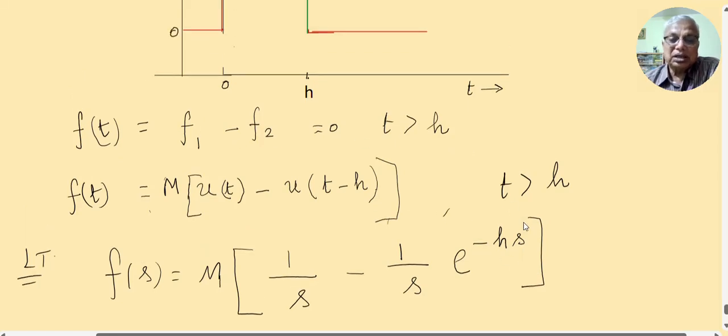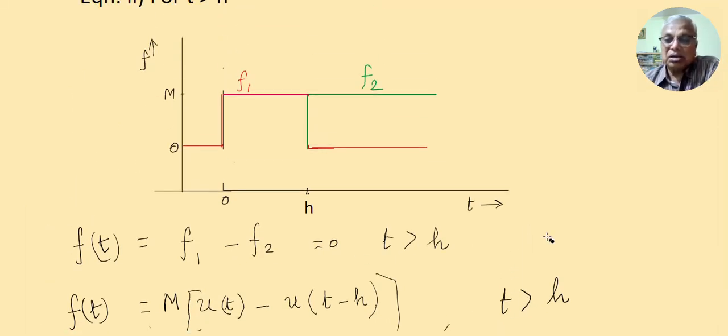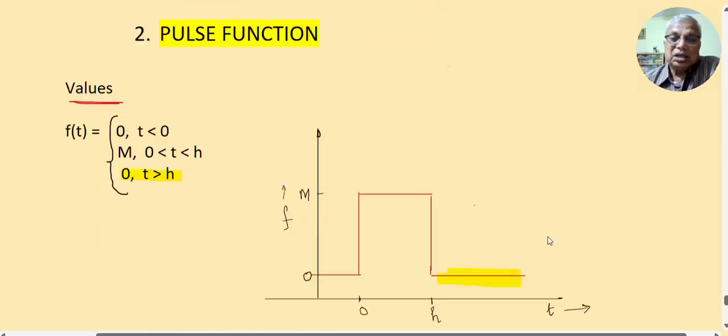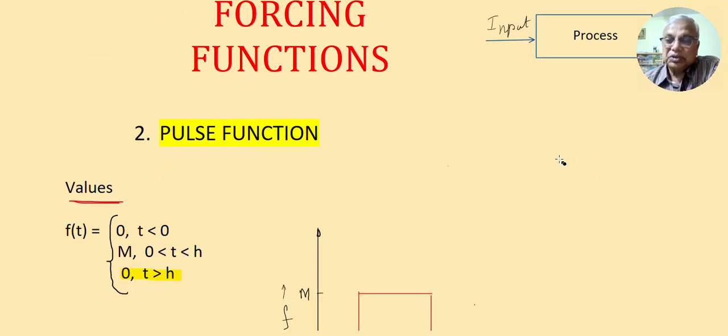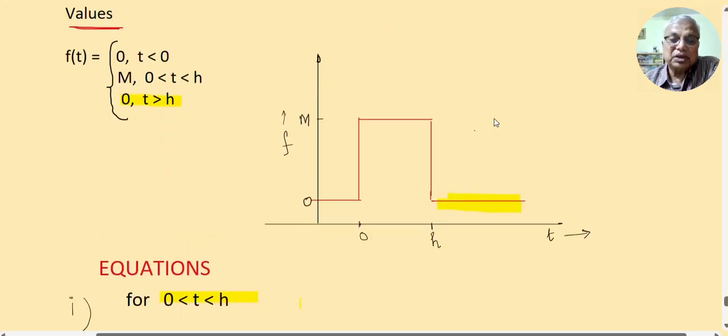Now practically, how do you visualize this for an input variable? When can you describe mathematically the disturbance in the input as a pulse function?